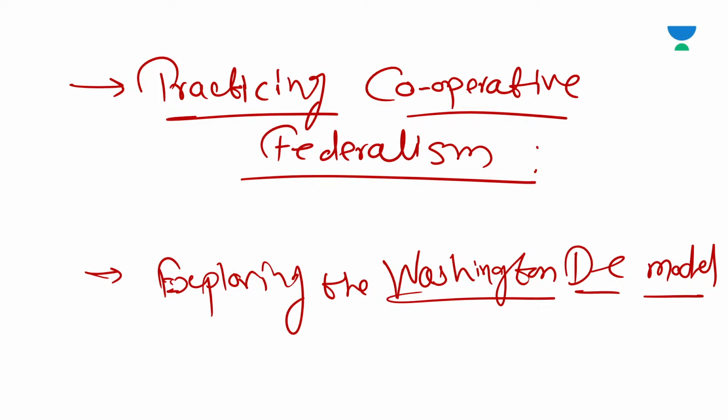The union government should take note of the Supreme Court's observation that the administration of union territories is by the central government, but that does not mean the union territories become merged with the central government. They are centrally administered but retain their independent entity. Friends, that's all about union territories.